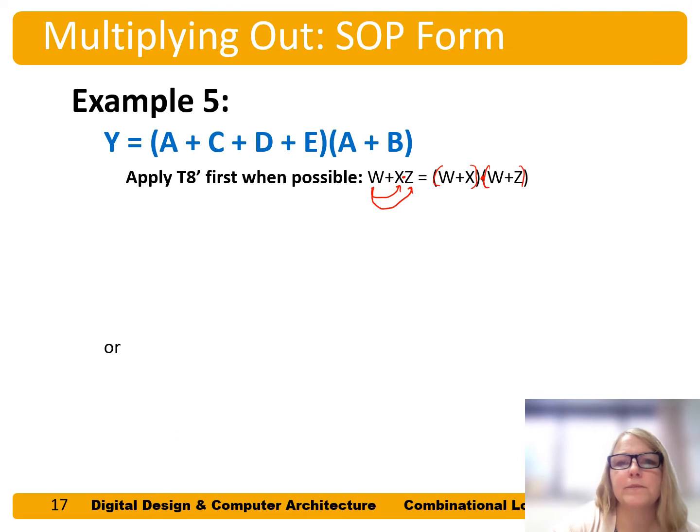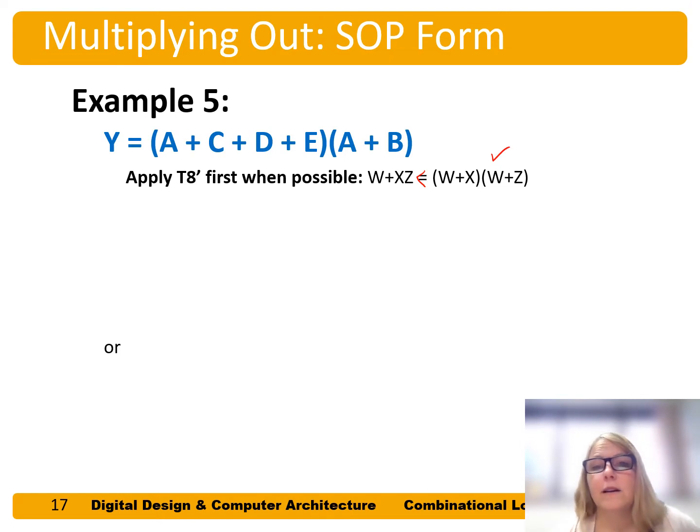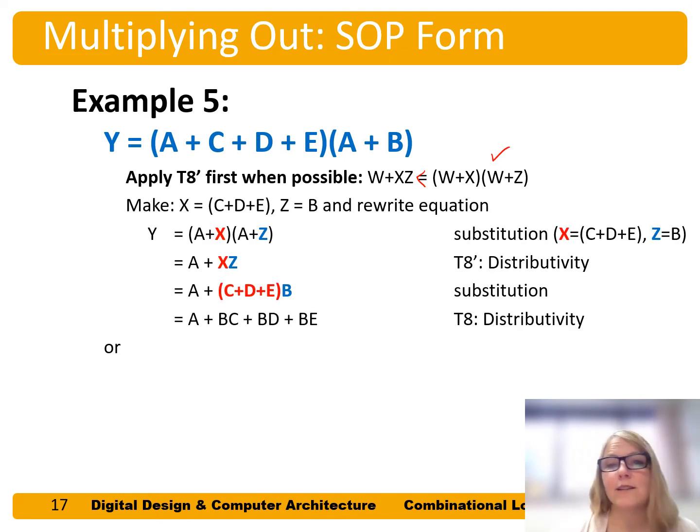We're actually going in this direction, where we see this POS form of the equation and go to make it to these. This is actually an SOP form, or sum of products form.